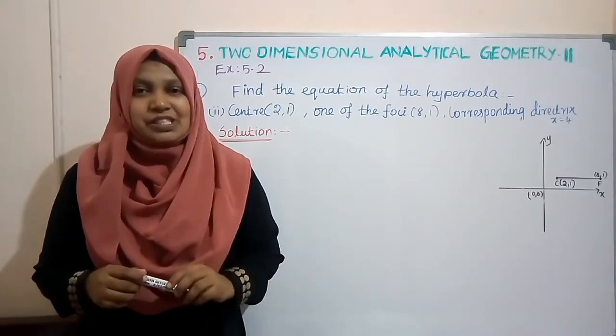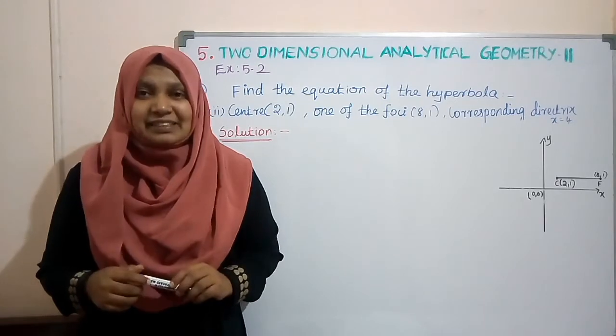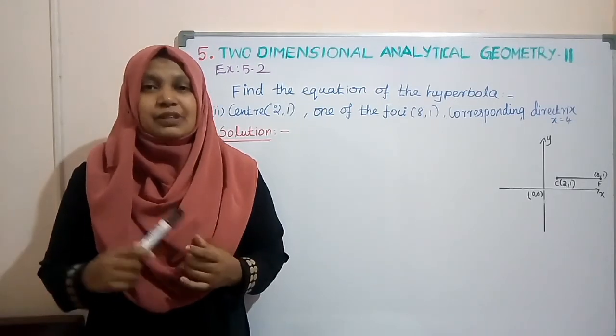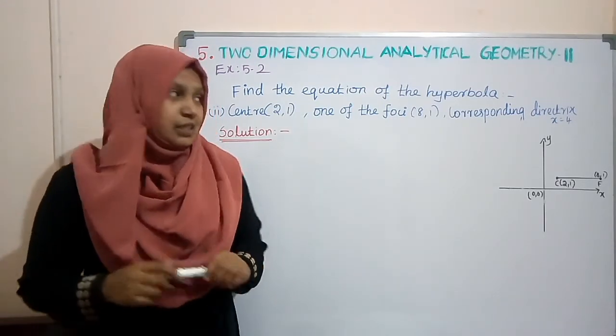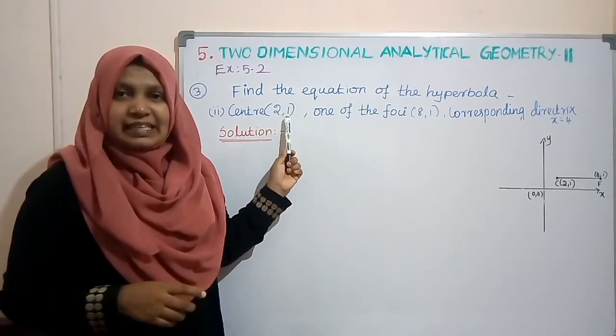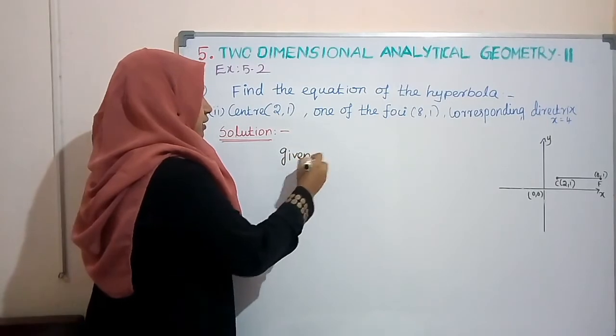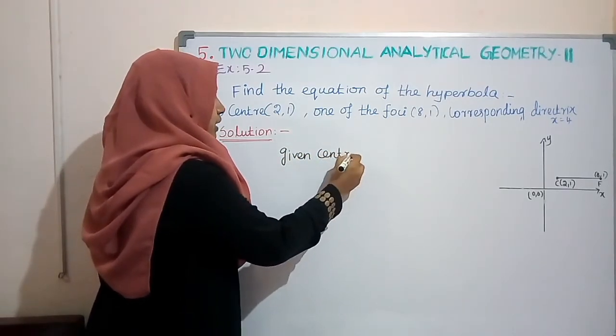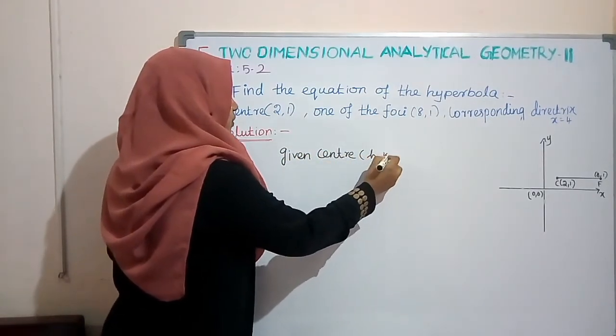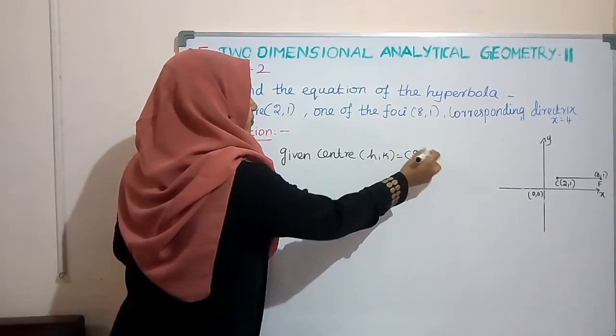To find the equation of hyperbola, we need the center and the a square value and also the b square value. So in this question, they are already given the center. Okay. So we can write that given center (h, k) is equal to (2, 1).